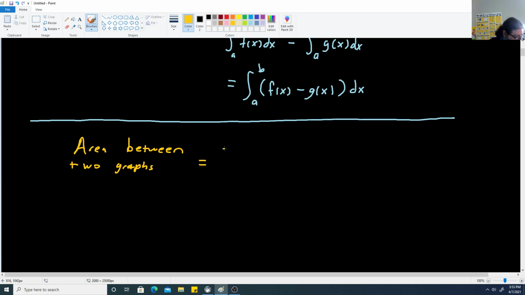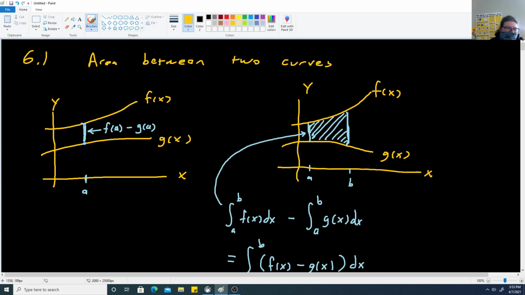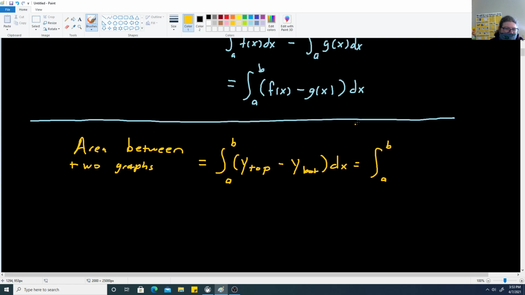Our book uses the notation: it's the integral from A up to B of y top, the top function, minus y BOT, the bottom function, dx, which in the little drawings we were drawing up there, was A up to B. And since in our drawings f of x was the top function and g of x was the bottom function, that would turn into the integral of f of x minus g of x dx.